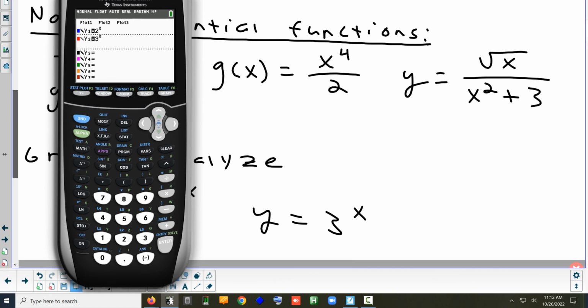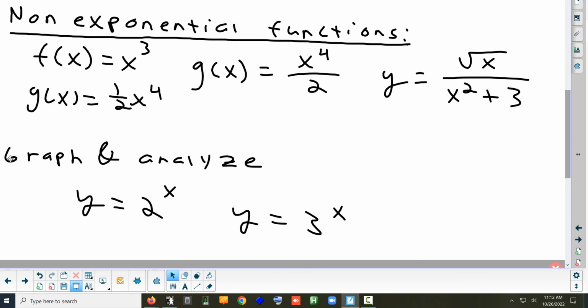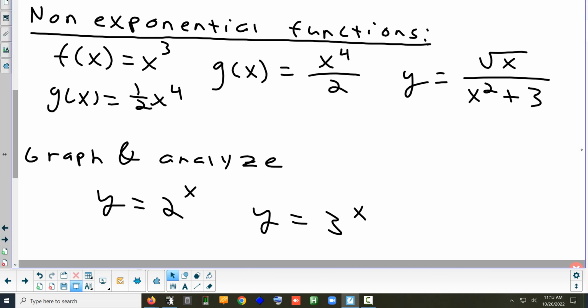Once you get into higher values, there's a very big difference by raising 2 to a power compared to 3 to a power. I mean, think of 2 cubed versus 3 cubed. It's already a pretty big difference. One of them's 8, one of them's 27. By the time you get into bigger and bigger numbers, it's a huge difference. So 3 to the x is going to get bigger faster.